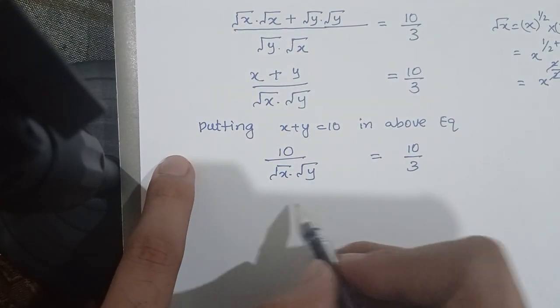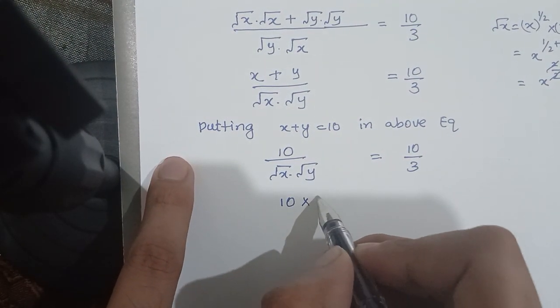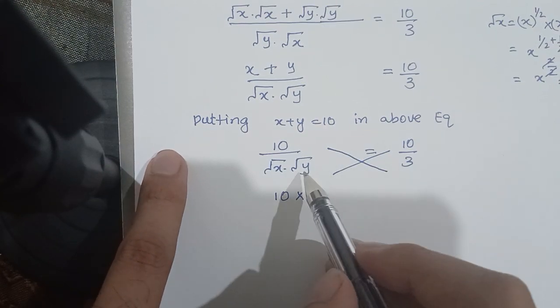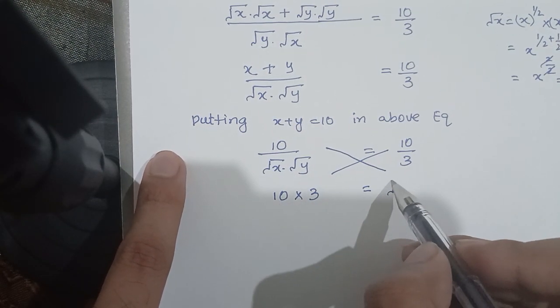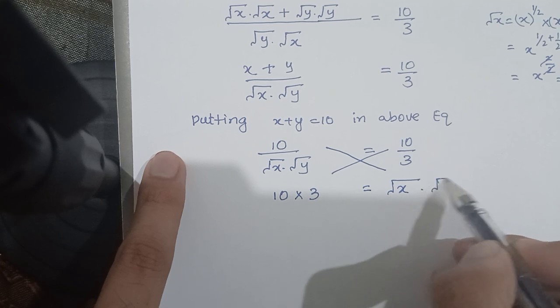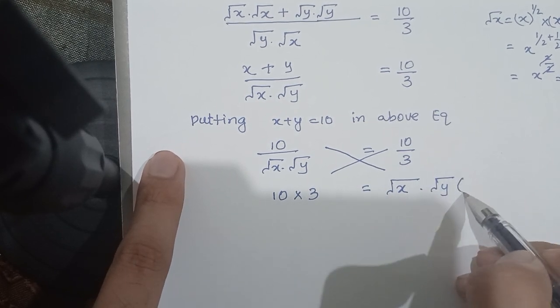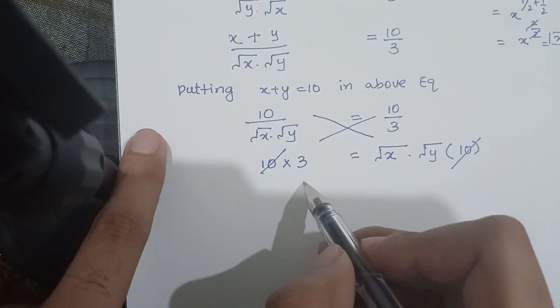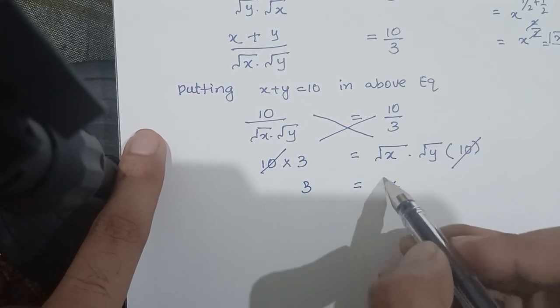So if we cross multiply, 10 will be multiplied on this side and under root x under root y will be multiplied on this side. So this 10 will be cancelled.